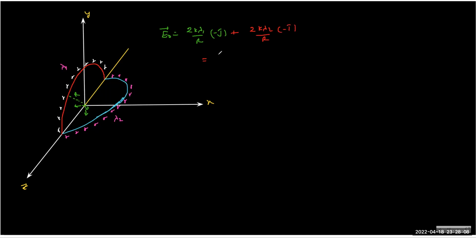So you can see that 2k by r we can take common: lambda 1 minus j cap, and lambda 2 minus i cap. And so the net field is 2k by r under root of.